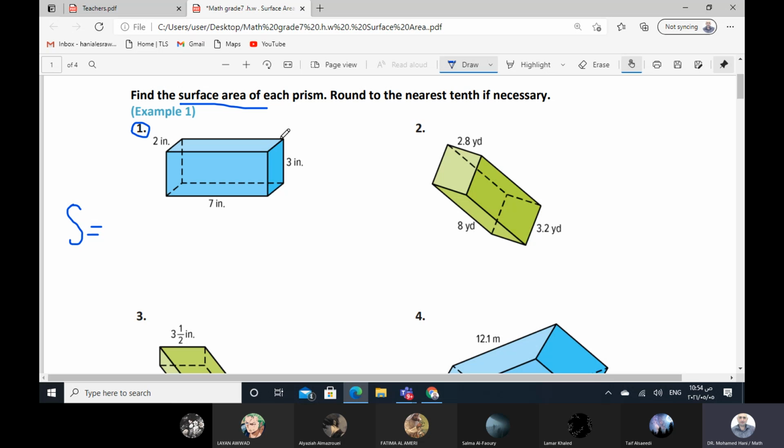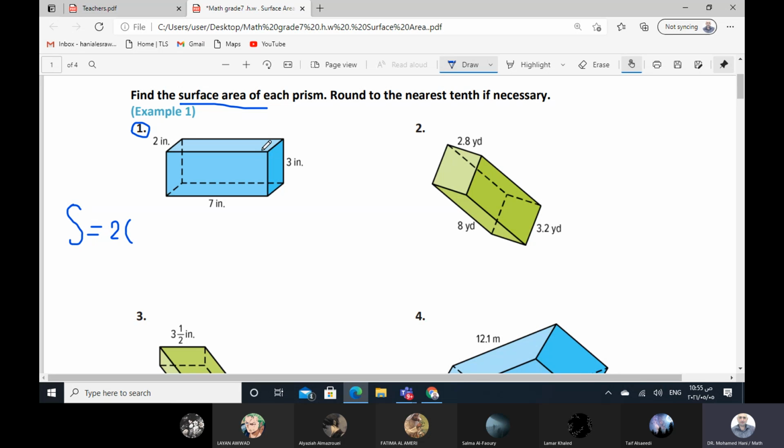We have this face and here the opposite face. This is congruent and parallel with this face. So here we have two congruent and parallel faces, meaning two congruent areas. So we can multiply by 2 times the area of this face.